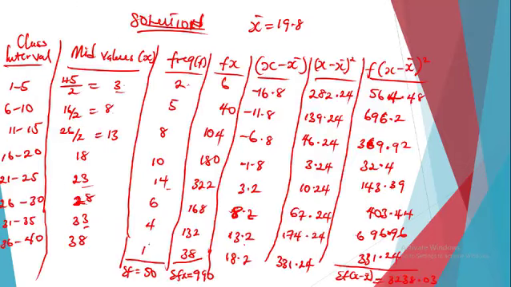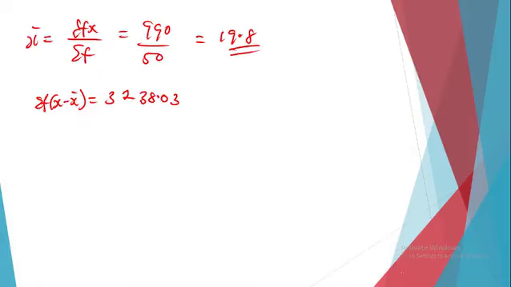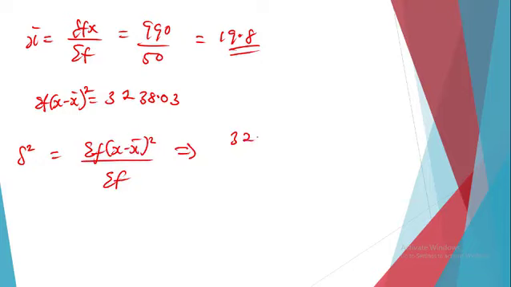Our summation of f from the question is 50, and the summation of f into x minus x bar squared is equal to 3238.03. Remember, our variance, which is sigma squared, is equal to summation of f into x minus x bar squared all over summation of f, and that will give us 3238.03 all over 50, because our summation of f is equal to 50.